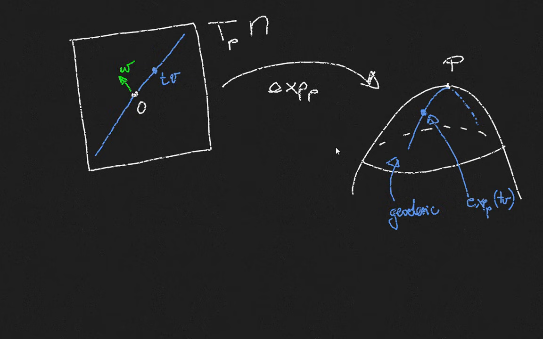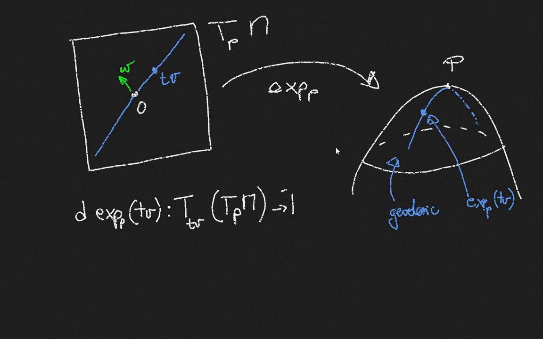So the differential of XP at the point TV is something that goes from the tangent at the point TV of TPM to the tangent at this point Q of M, where Q is this point here.